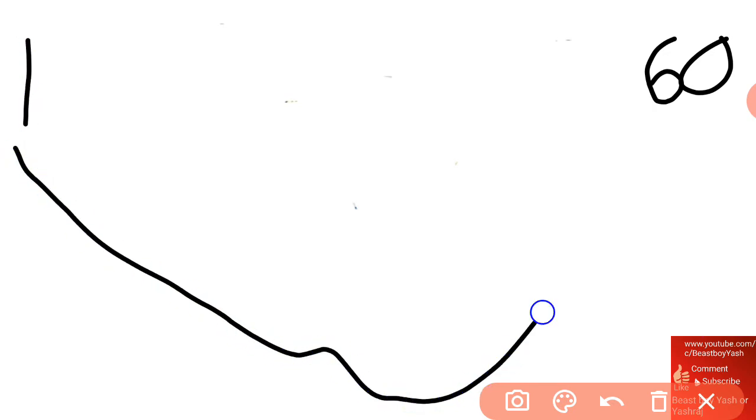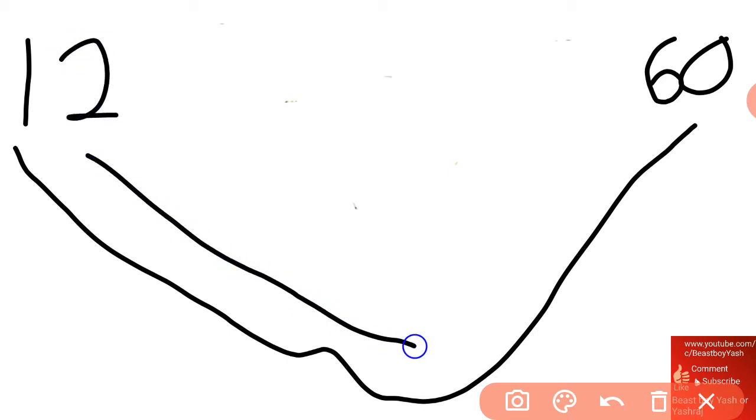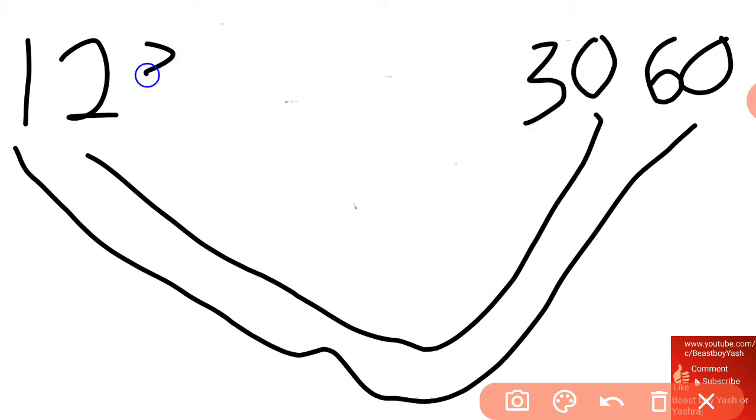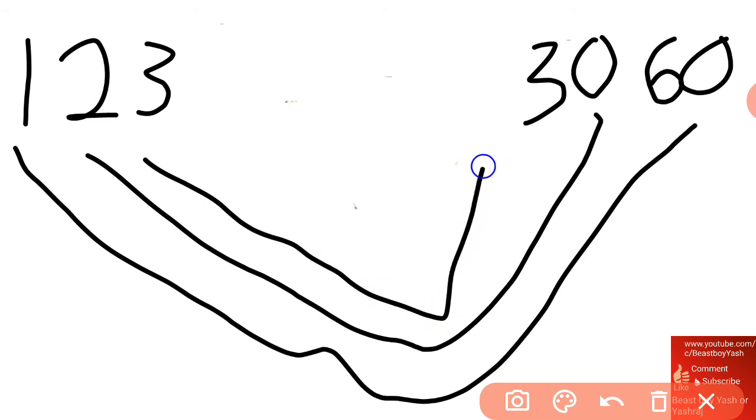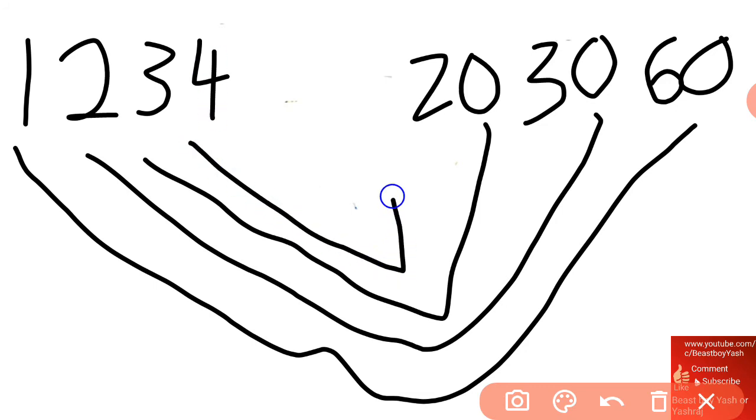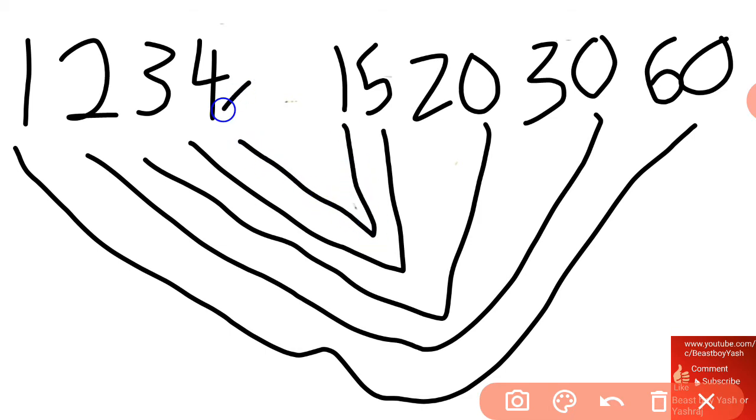So 1 multiplied by 60 is equal to 60. 2 multiplied by 30 is equal to 60. And then 3 multiplied by 20 is equal to 60. And then 4 multiplied by 15 is equal to 60. And then 5 multiplied by 12 is equal to 60.